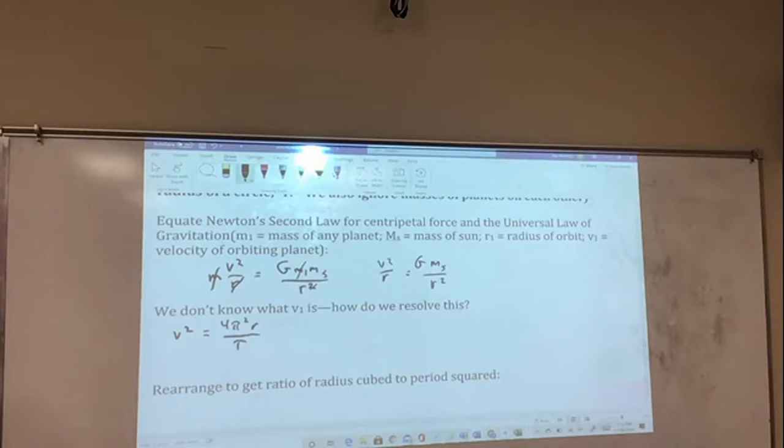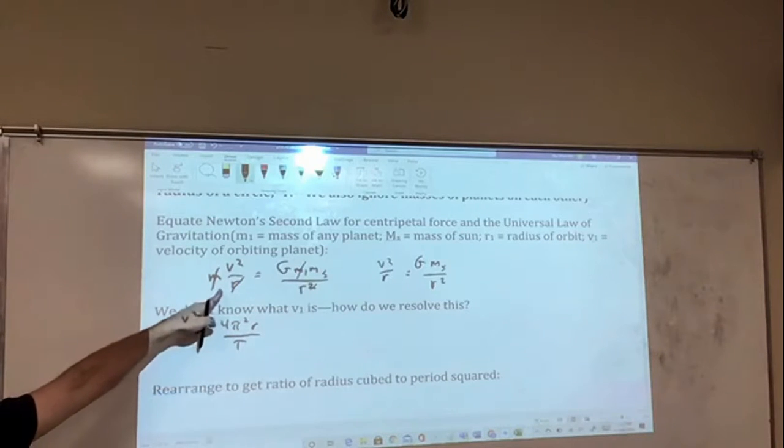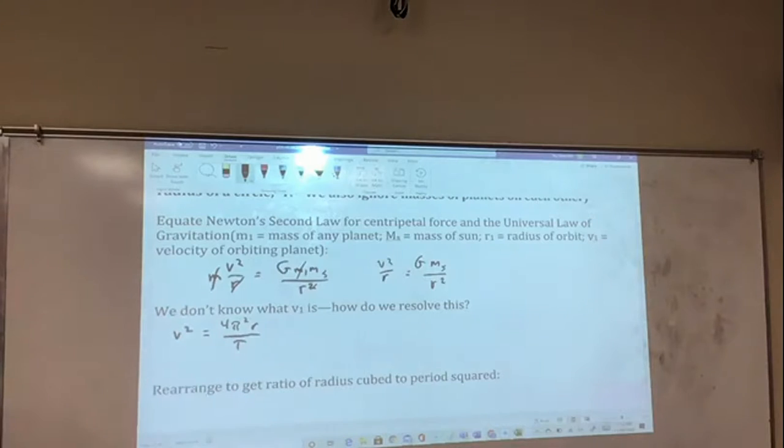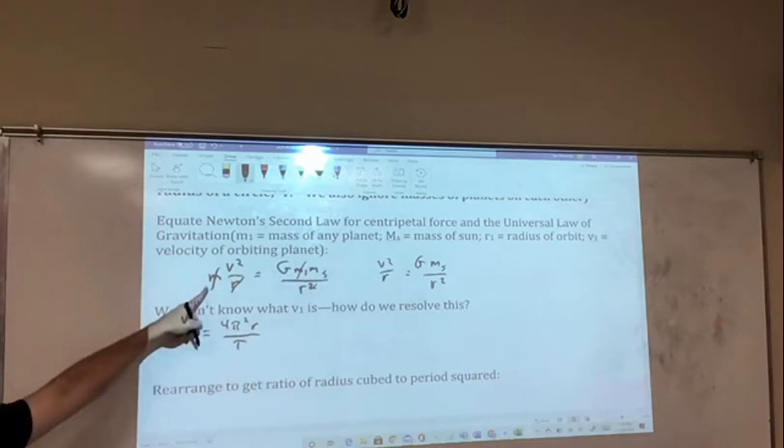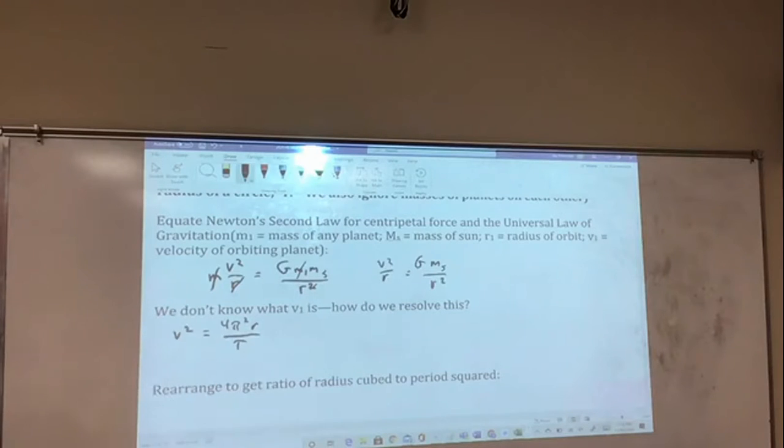Right? Okay. So that's why I didn't want to cross this r out, because I'm going to do that here. So now I know that v squared over r is the same thing as 4 pi squared r over T squared, and now I'm going to equate that to G mass of the sun over r squared.